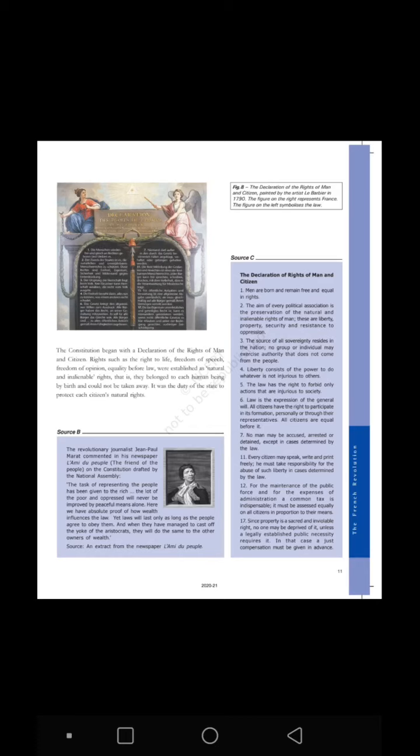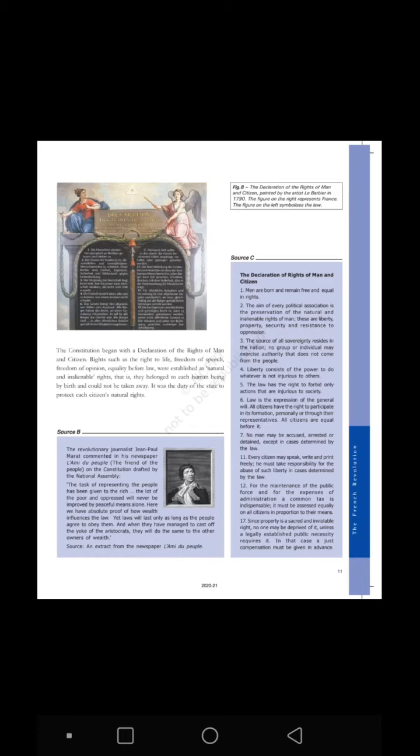11. Every citizen may speak, write, and print freely. He must take responsibility for the abuse of such liberty in cases determined by the law. 12. For the maintenance of the public force and for the expenses of administration, a common tax is indispensable. It must be assessed equally on all citizens in proportion to their means. 17.